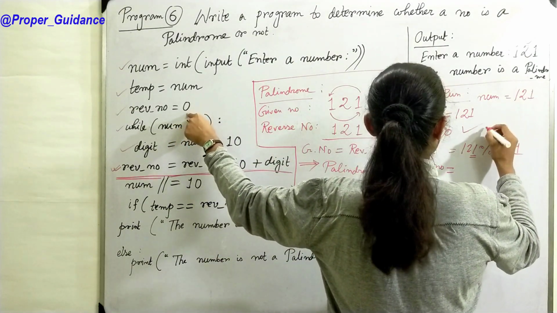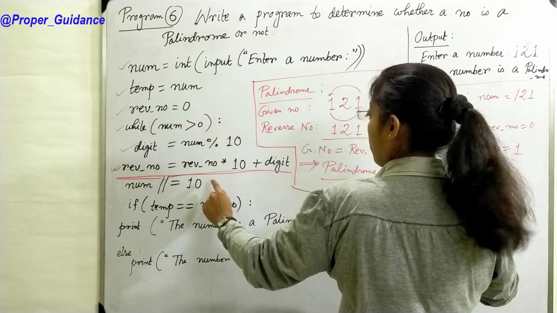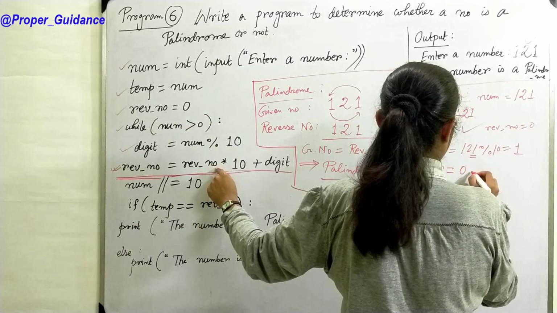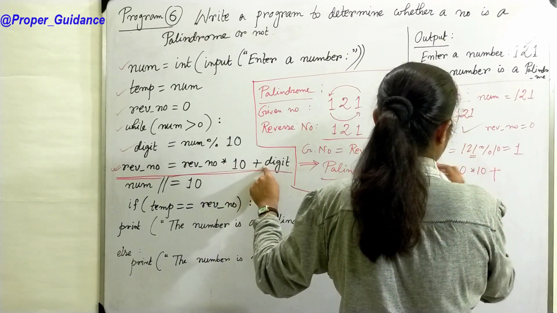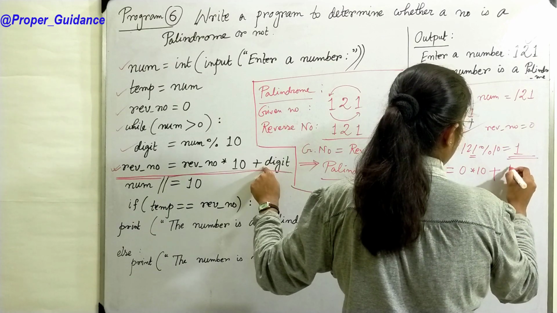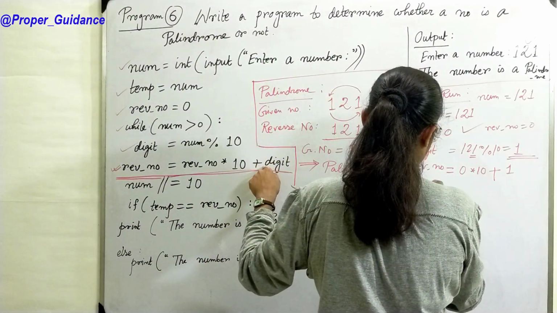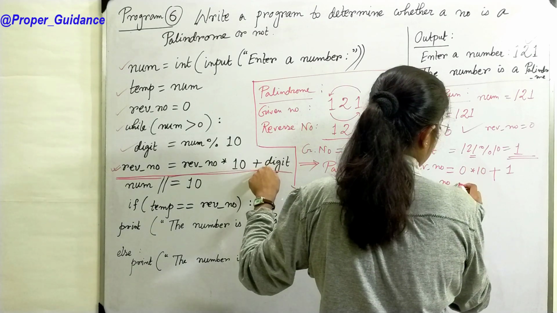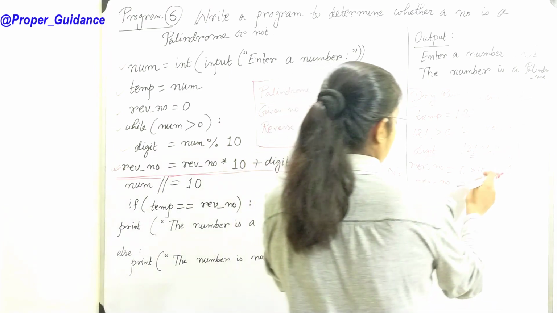So we will do 0 multiplied by 10 plus digit. My digit value is 1 in this step, and that's why we will get rev number equals 1, because 10 into 0 is 0 only.